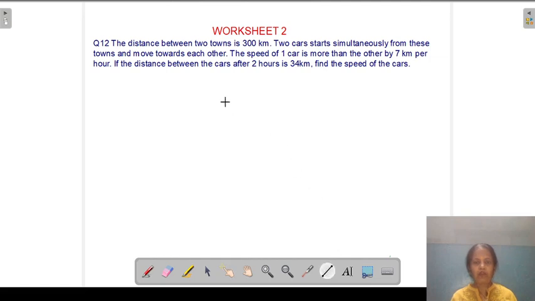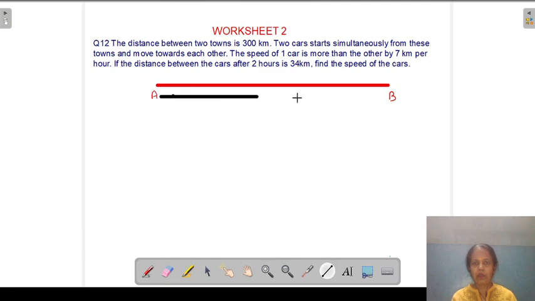Before we take this question, let's try to understand it with a diagram. Suppose this is the distance between town A and town B, and the distance between town A and town B is given in the question as 300 kilometers.